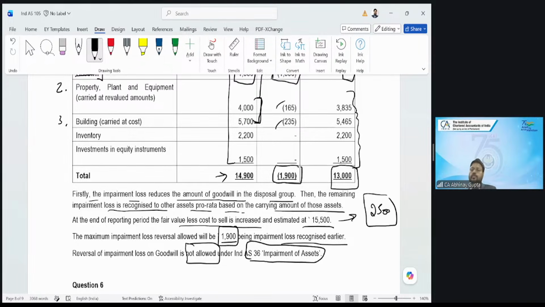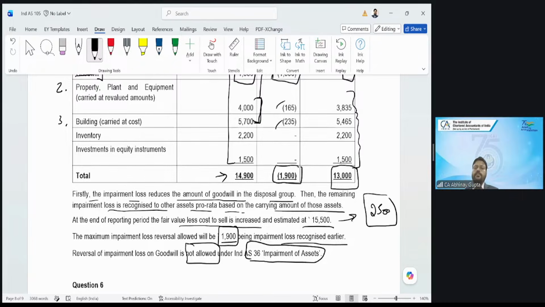So on goodwill, impairment loss can never be reversed. I hope you must be able to recall this from our Ind AS 36 discussion, right? So under Ind AS 36, it is clearly prohibited that once the goodwill is impaired, it cannot be restored back. Is that clear? So that's the rule given under Ind AS 36.